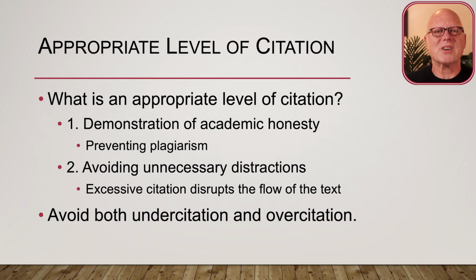It also shows the reader of your paper, usually your professor, that you have been acquiring data from reasonably appropriate sources. But it also avoids creating unnecessary distractions, which is sometimes called overcitation.